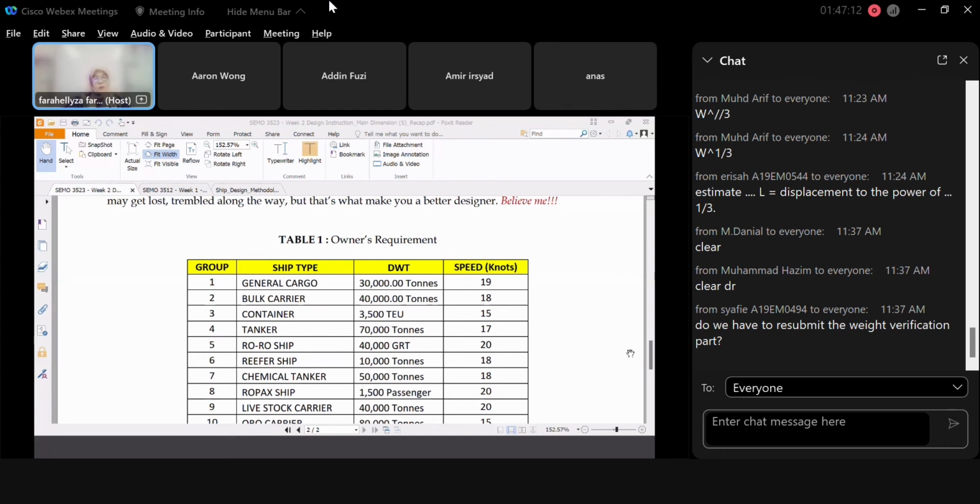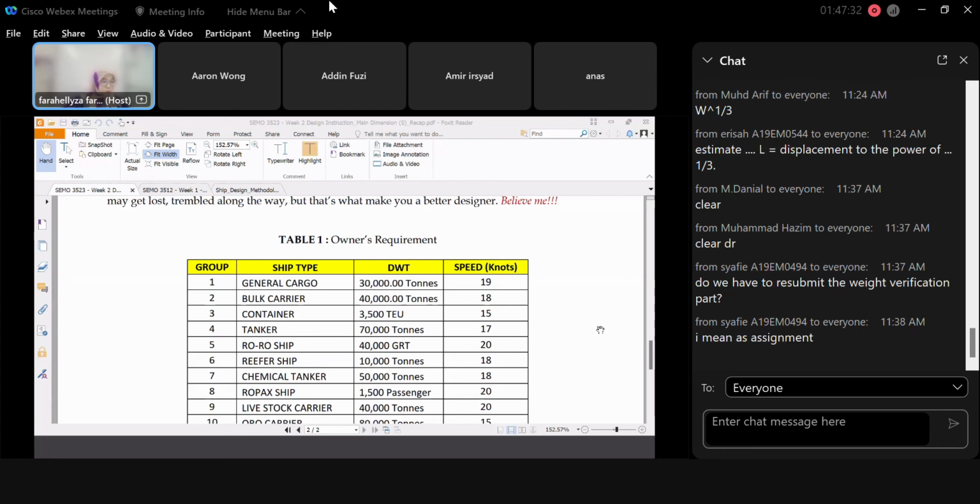But you have to make sure that the main dimensions you are going forward with are correct, because after this you are going to develop the hull form, so you need to make sure that the hull form is based on the correct main dimension. So you need to relook again at that part.